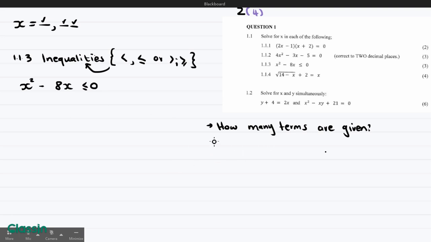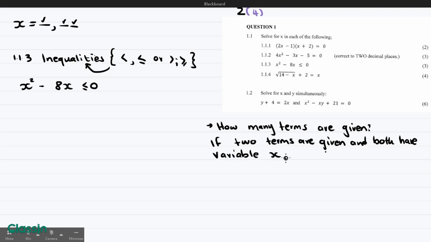In this case, if two terms are given and both have variable x, take out x as the common factor.